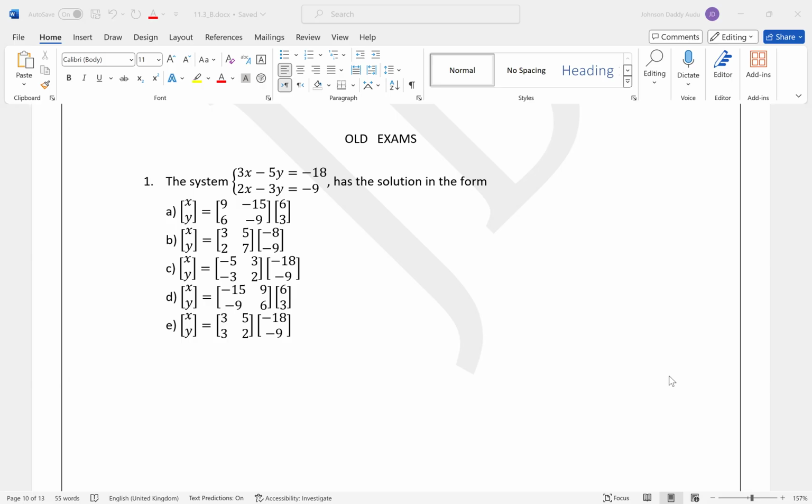We have that this is a system. So first of all, we'll write it in the form of a matrix. This is going to be 3, minus 5, 2, minus 3, times x, y. And this is going to be minus 18, minus 9.